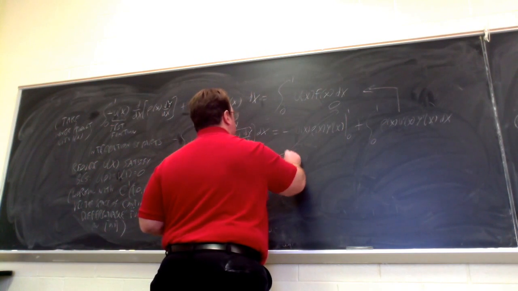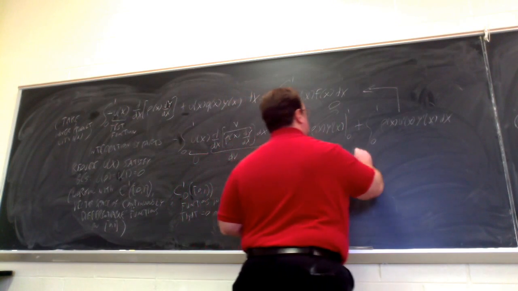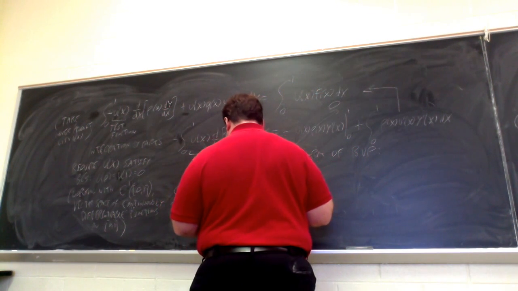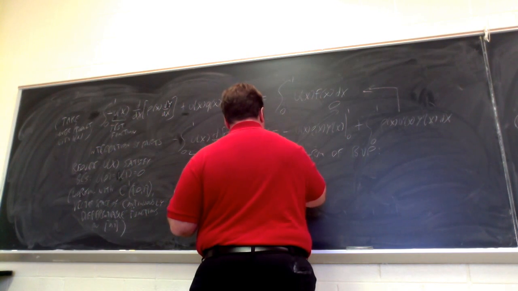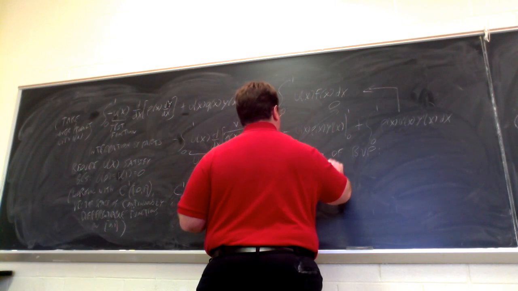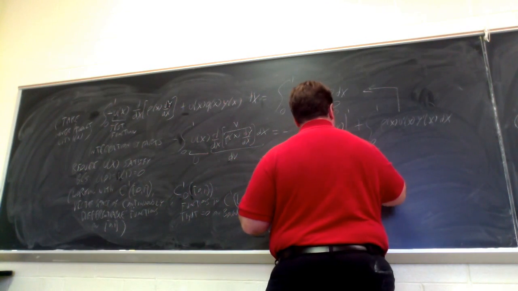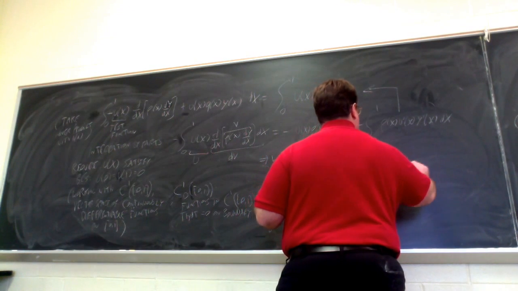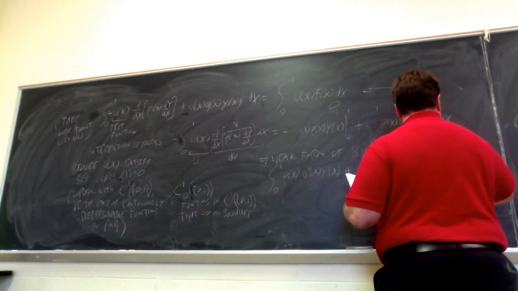Now what I get is called the weak form of my boundary value problem, which is the integral of p of x, u prime, y prime, plus q u y, equals the integral of u f.